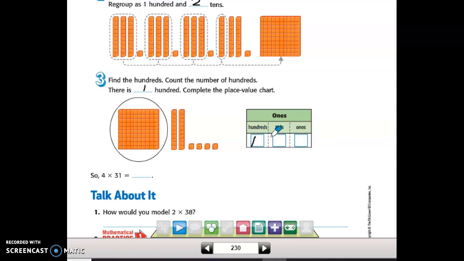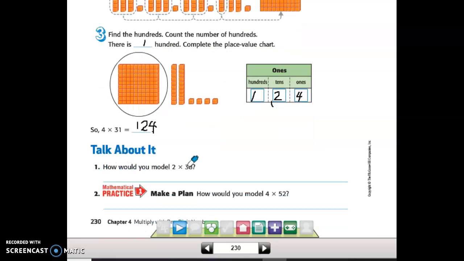So 4 times 31 is 124. Regrouping up to the higher place value when we've got 2 digits that would belong in one place value. So you're going to show and explain that.